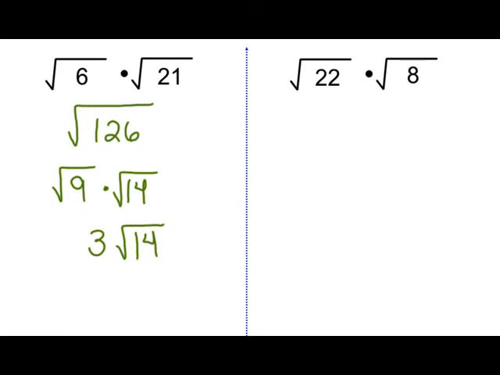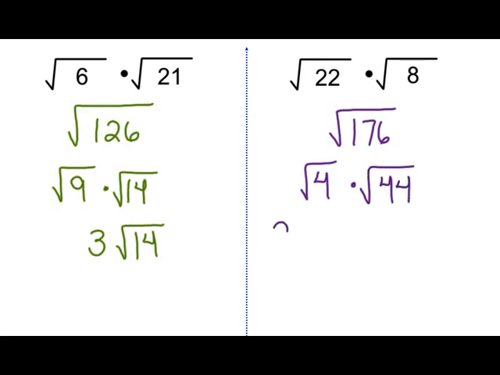Let's try again one more time. The square root of 22 times the square root of 8. I could go ahead and simplify anything that I want beforehand, or I could put them together as one math problem. So I'm going to do 22 times 8, which is the square root of 176. Well, I know 8 is divisible by 4, so maybe I'll break it down. 176 divided by 4, well, that's the square root of 4 times the square root of 44.